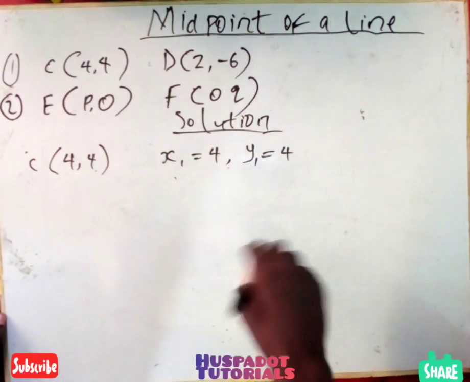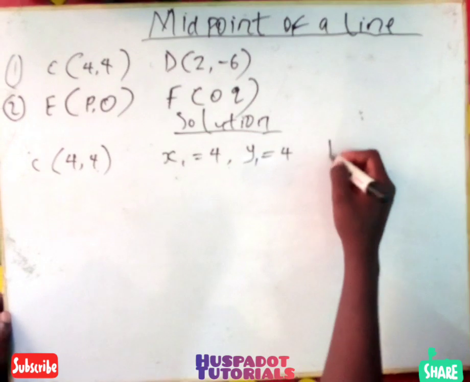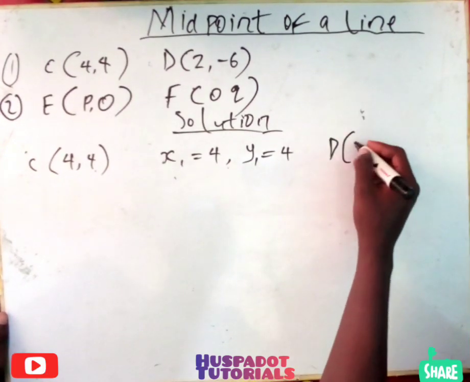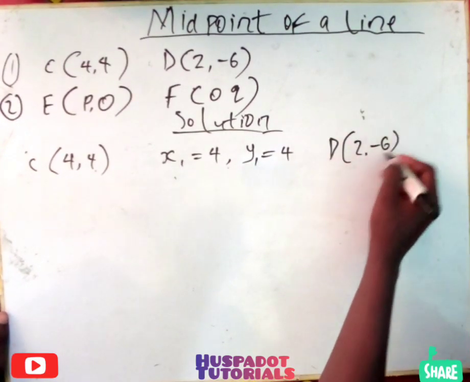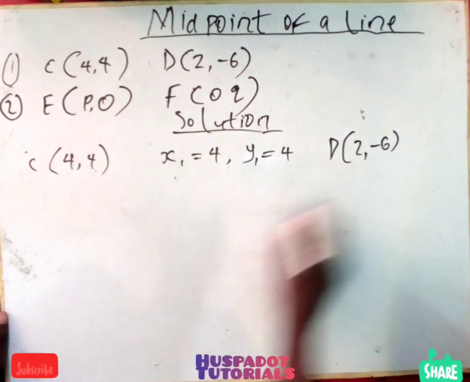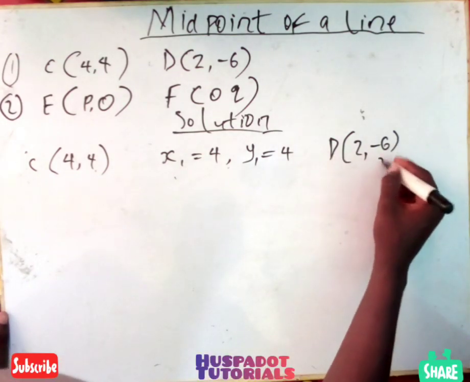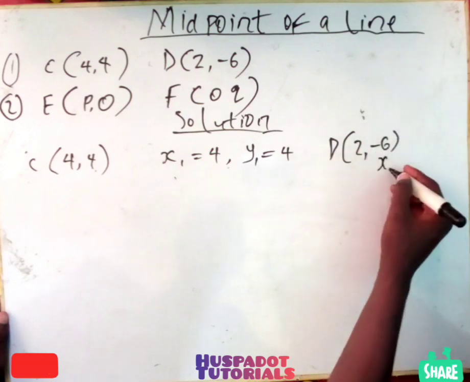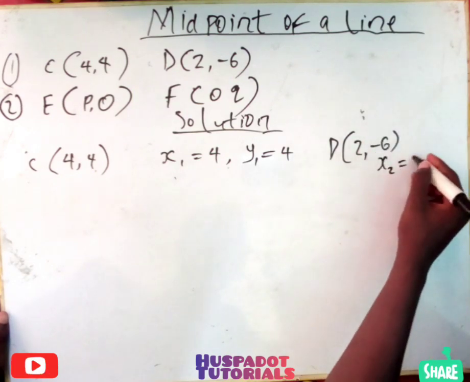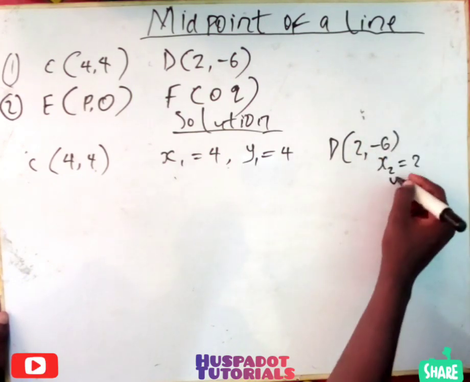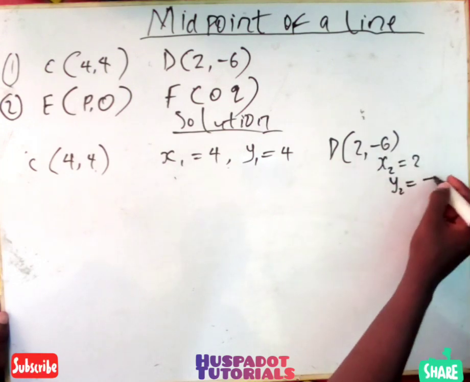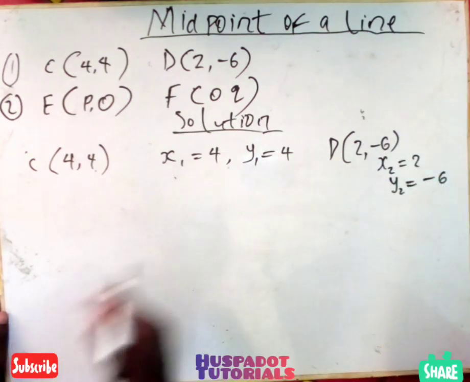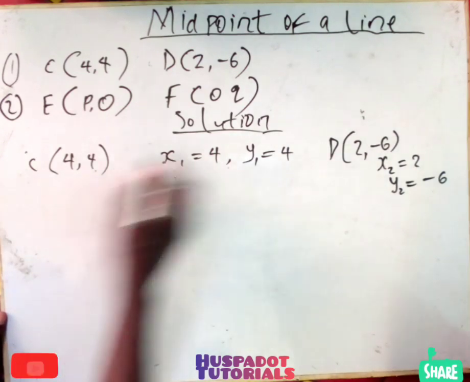Then we come to the point D, its coordinates are 2 and minus 6, telling us that the value on the x coordinate, our x2, is 2, then the value on the y coordinate, y2, is negative 6.